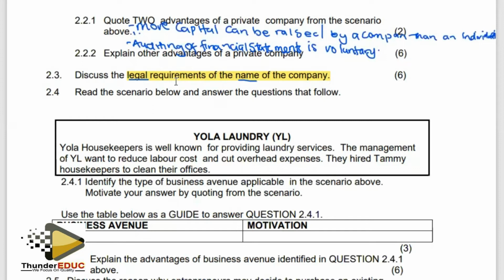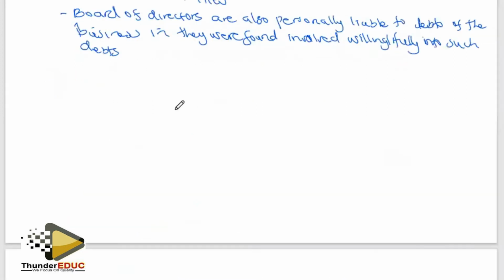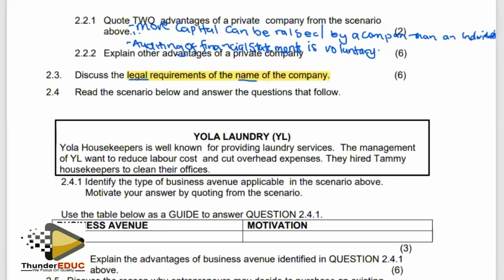Let's look at how the name of the business that is legally binding should look like.